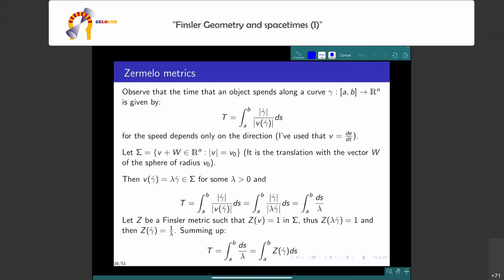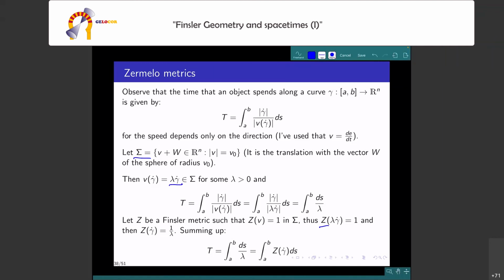Recall that at the beginning I said that a Minkowski norm is determined by the indicatrix. The indicatrix has to be strongly convex, the curvature of this hypersurface has to be positive, and this is the case because it's the translation of a sphere. So I can construct a Finsler metric F having as indicatrix sigma. Then F on lambda gamma dot is equal to 1, because I'm assuming lambda gamma dot is equal to the velocity, and the velocity belongs to the indicatrix.